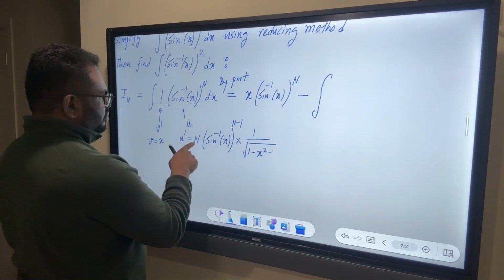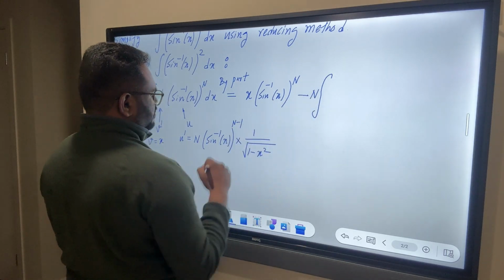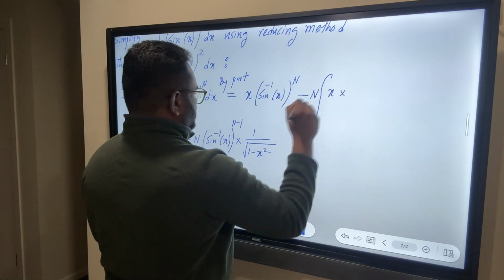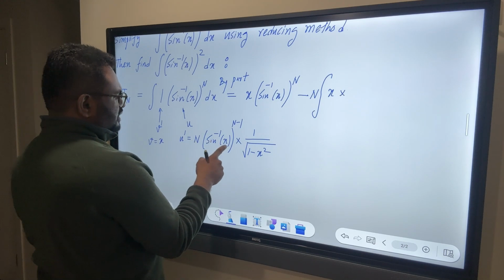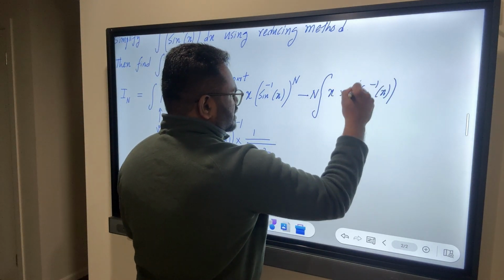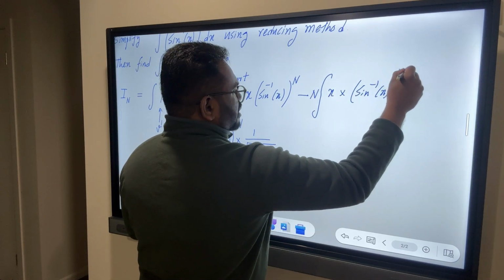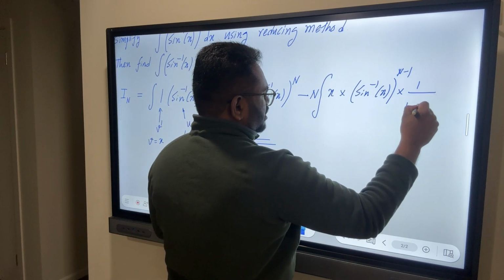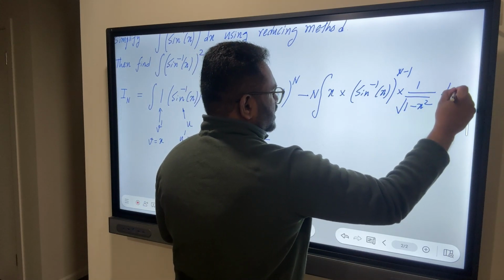In u prime you have n here, so I'm going to put n here. Then x times u prime, so I have these two terms, so it's going to be (sine inverse x) to the power n minus 1, then 1 divided by the square root of 1 minus x squared, dx.